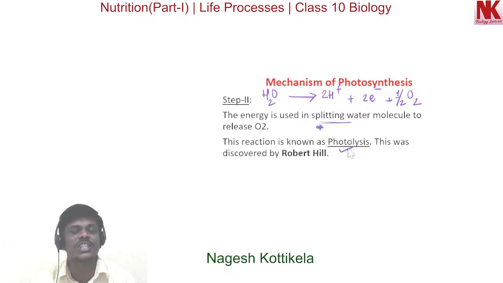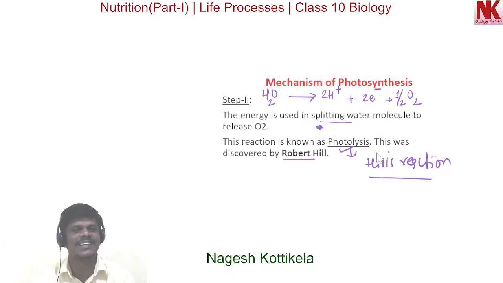So what is photolysis? It is very simple: splitting of water molecule. This reaction was discovered by Robert Hill, so it is also called Hill's reaction. What is the other name for photolysis? It is Hill's reaction. Don't forget, one of the very important concepts.